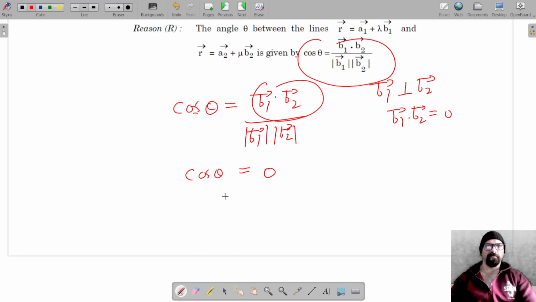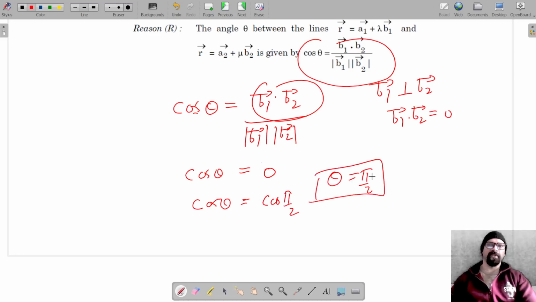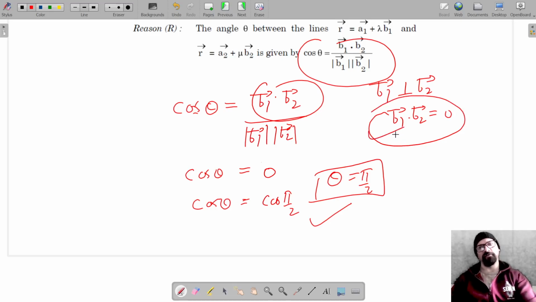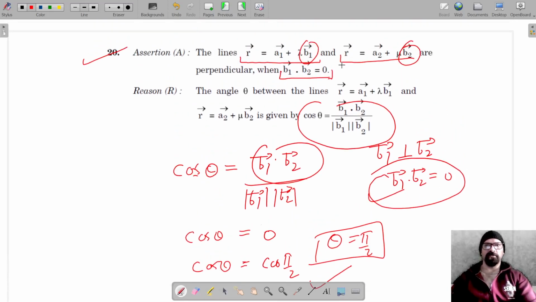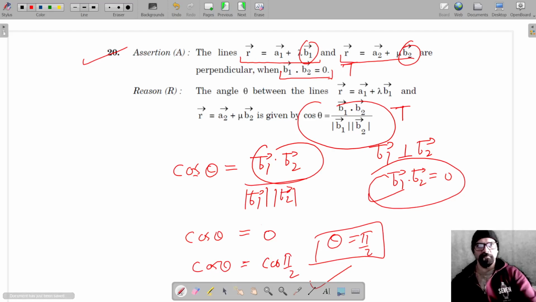Sorry, so cos theta is 0 means it's cos pi by 2. That means theta is equal to pi by 2. That means that the lines are perpendicular. So the lines are perpendicular when we have assumed that the dot product of the parallel vectors is 0. So the assertion is true and the reason is also true, and this is the correct explanation of A. So you can check the option.